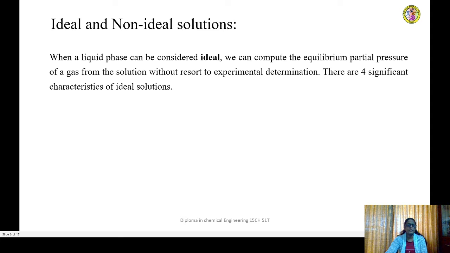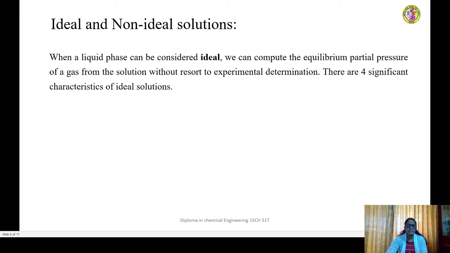So that is the significance of knowing whether a given solution is an ideal or a non-ideal one in distillation. Whenever you decide that the given solution is an ideal solution, then you can calculate the equilibrium partial pressure of the gas from a given solution without going for any experimental determination.